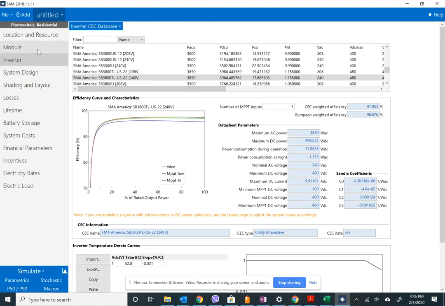Then you go to inverter. And then you would choose the inverter. So the inverter should be, I think I gave it to you, that Sunny Boy 3.8 US dash 40.